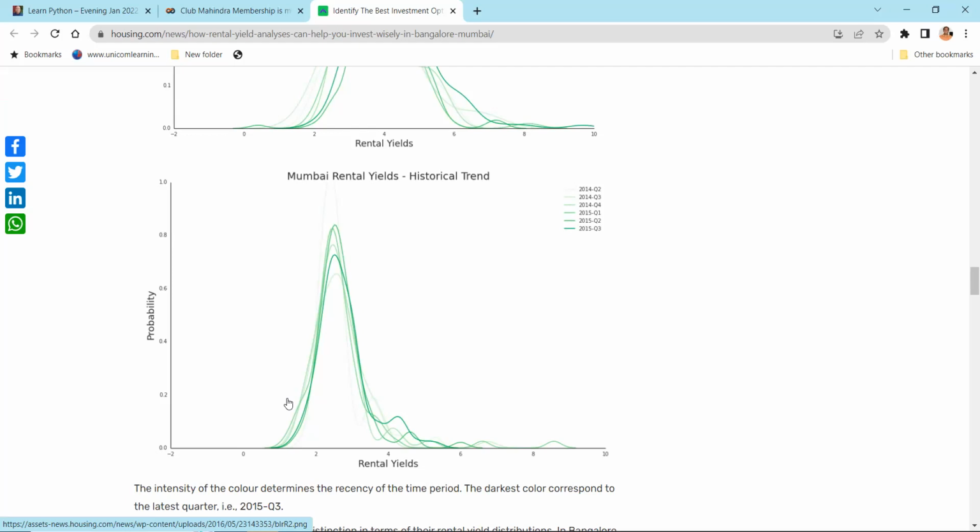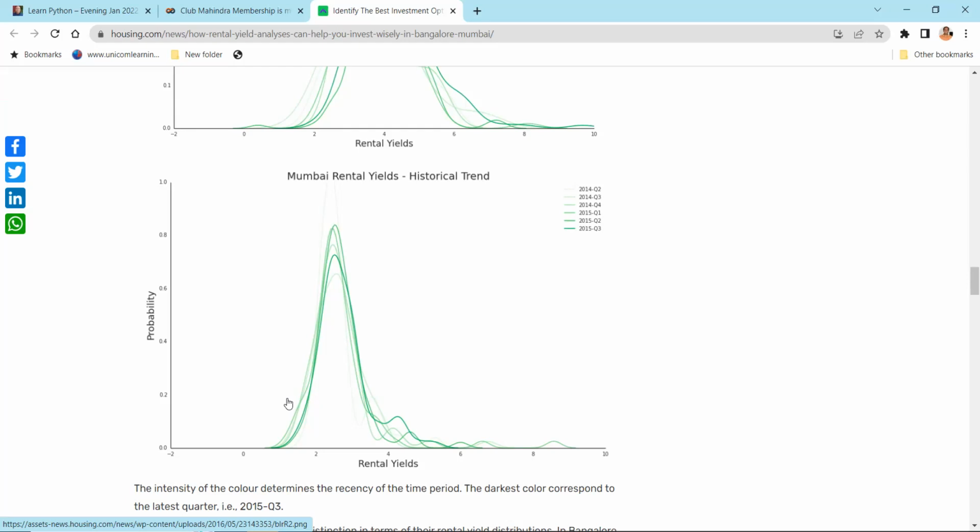So the risk is much higher in Bangalore, and the return is also much higher in Bangalore. In Mumbai, if you are not a risk taker, if you say, I'm okay to get less return, but I don't want my money to lose, then you should invest in Mumbai. Invest in Mumbai and steadily you will get the income.